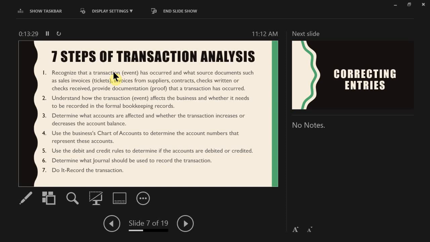The third step is how you're going to determine what accounts are going to be affected whenever the transaction occurs. So understanding that, does it increase or decrease the account? This is where I receive my utilities bill, so that means I have utilities expense.